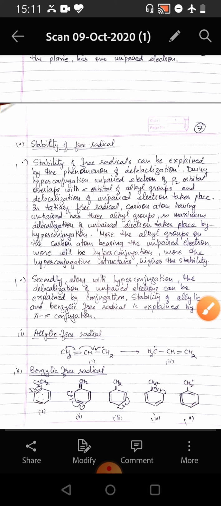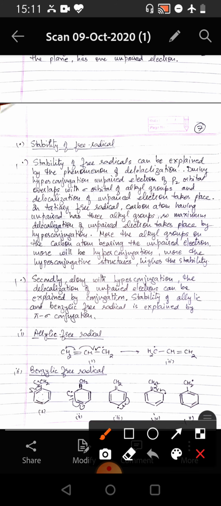If we consider the benzylic free radical, then we see that in this benzylic free radical, the free electron pair comes between carbon and this carbon, and the homolytic fission of the bond between this carbon and this carbon gives rise to this structure, and then again the migration of the electron takes place, and simultaneously one by one all these structures are obtained.